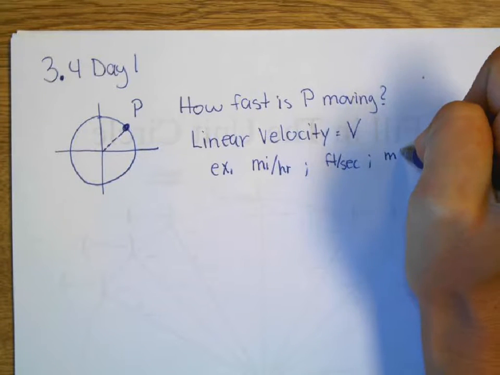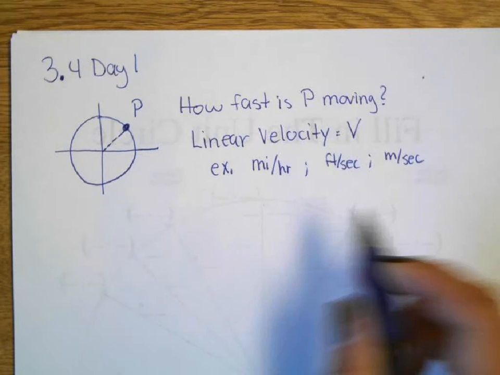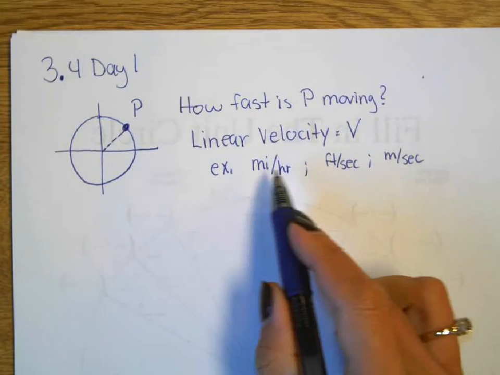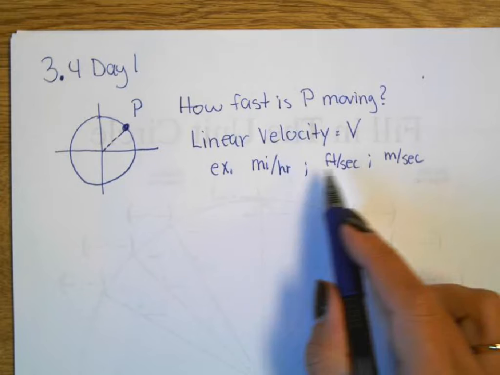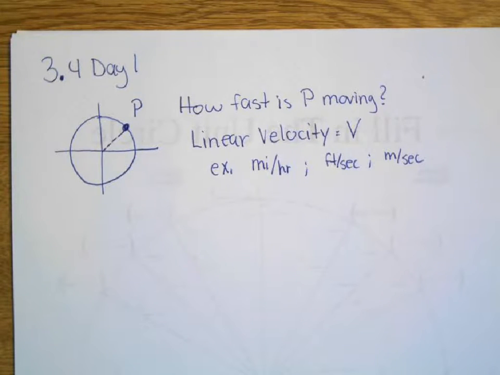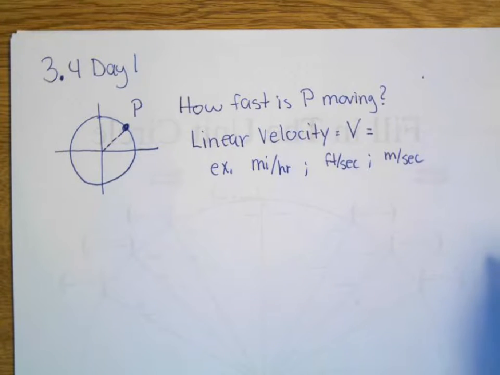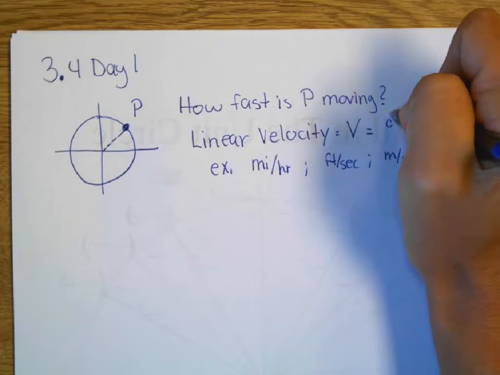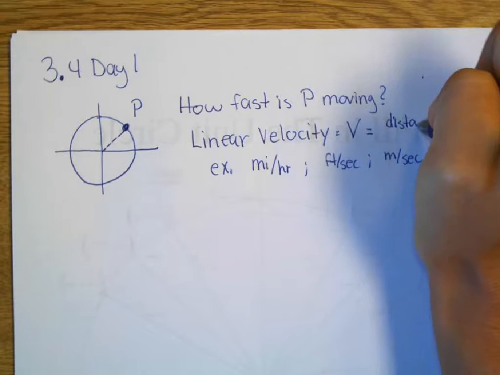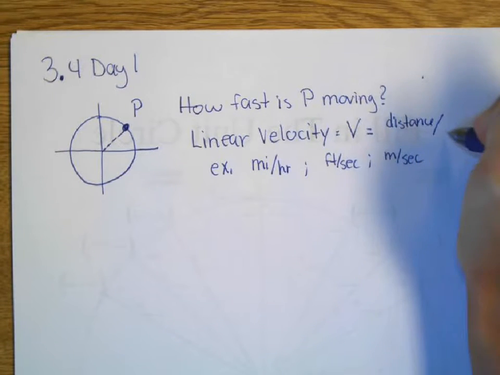Meters per second. What do all of the numerators represent, and what do all of the denominators represent? Distance and time. So linear velocity is anything that has some kind of distance unit divided by a time unit.